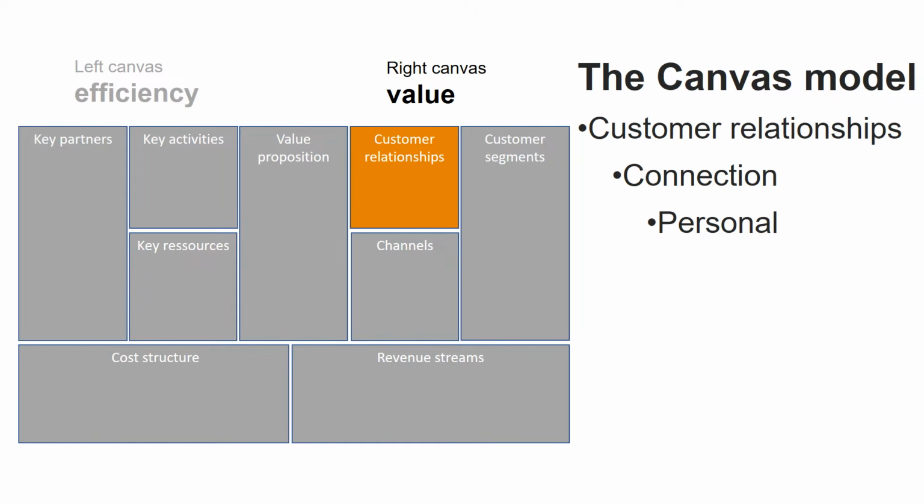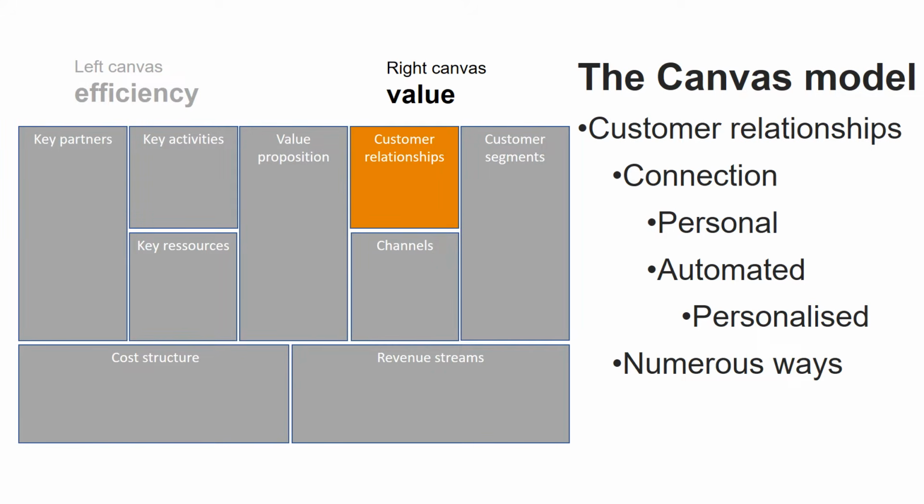A personal connection could be with a key account manager or your local grocery store. An automated digital connection with self-service could be American Amazon or Chinese Alibaba. Amazon and Alibaba understand your buying behavior and recommend goods to you. They have an automated but personalized relationship with their customers.